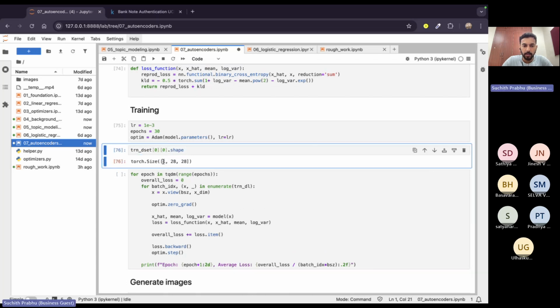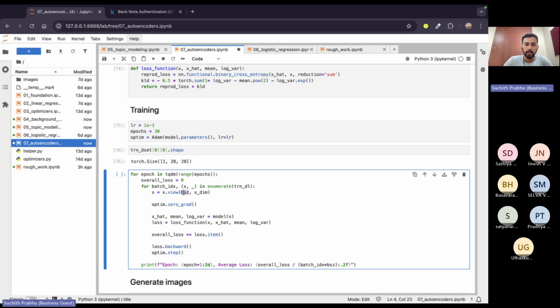It was one cross 28 cross 28, and in the data loader we were getting 100 cross 1 cross 28 cross 28.